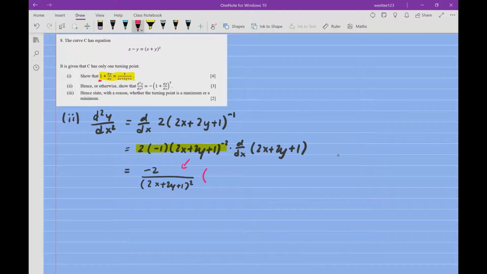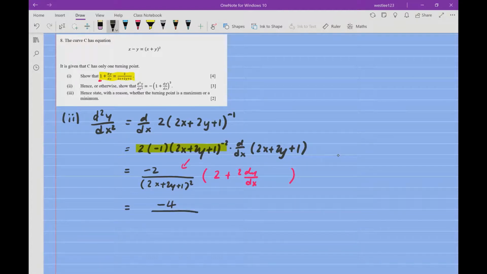Then after that, I will have to differentiate 2x plus 2y plus 1. This will give me 2 plus 2 dy/dx. When you differentiate 1, it becomes 0. So simplify. Again, how we simplify or arrange the terms depends on what we are supposed to prove.